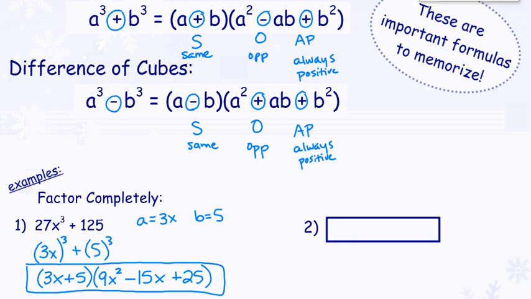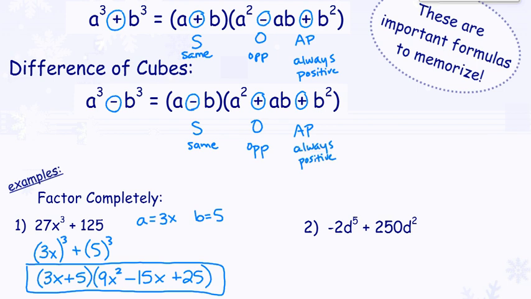Let's take a look at number 2. Okay, we do have a sum, but we don't have perfect cubes. However, don't forget when you see the phrase factor completely, that's kind of a hint with the word completely that there may be multiple factoring steps involved in the problem. And the first factoring step you always want to think about is a greatest common factor.